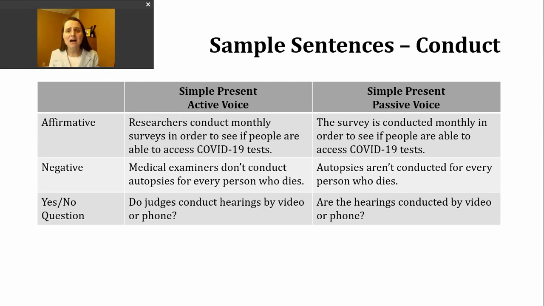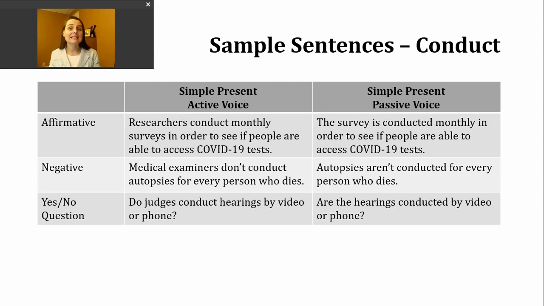So the word autopsy might be a new word for you, and this might sound a little gruesome, but again, it was something that jumped out at me as I was looking at different examples of conduct. An autopsy really is just a study of what caused someone's death, an examination that is done after a person has passed away.